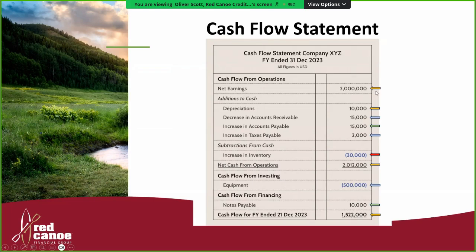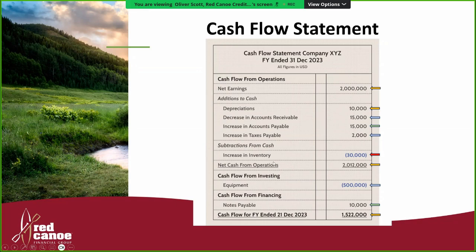You have your net sales revenue. Again, you add back depreciation of your assets, the decrease in accounts receivable, the increase in accounts payable, and the increase in taxes payable.